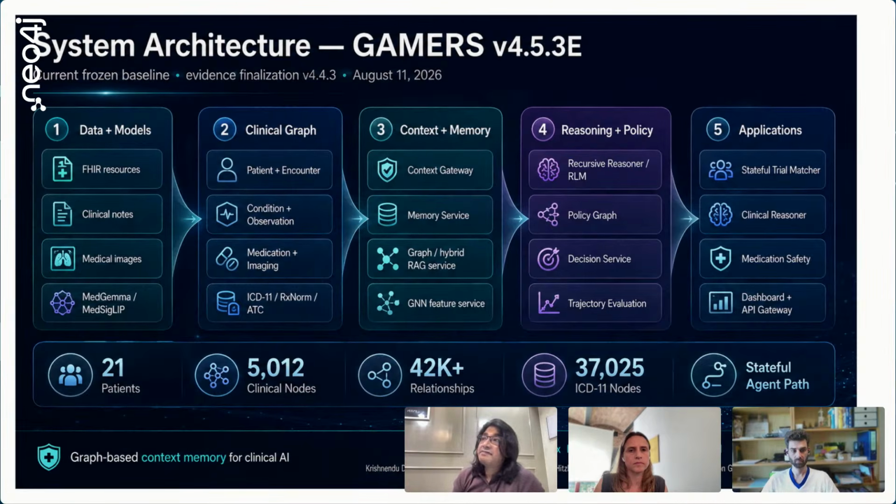The clinical graph talks about the patient and encounter. Encounter is something which normally happens through the entire thing. And then we have the context and memory. This is very interesting. This is where the entire graph ecosystem works. Context gateway is something that we created as a pipeline. Now, imagine that when a patient comes in and that patient has a 2 year long record, they have some clinical examination, they have some temporal data, and their disease pattern could be either acute or a chronic disease.